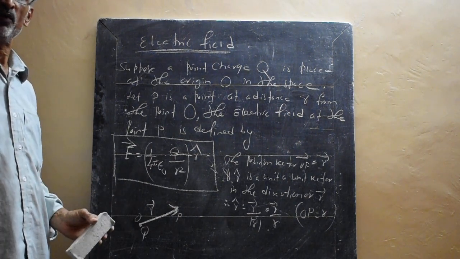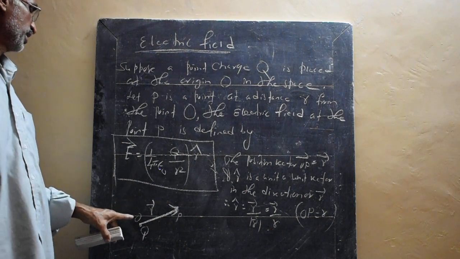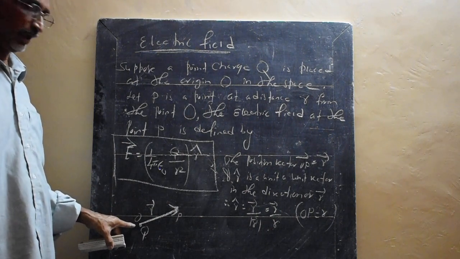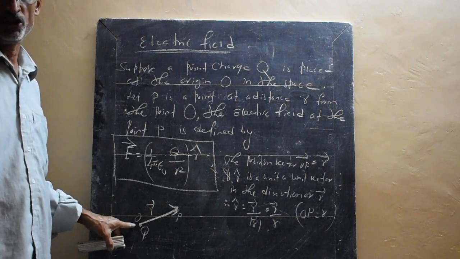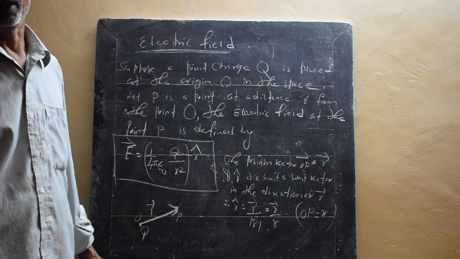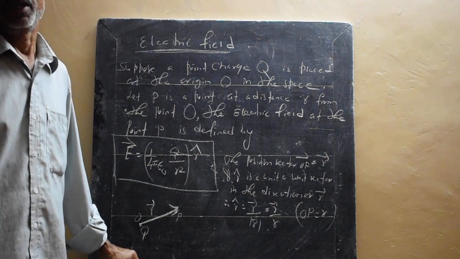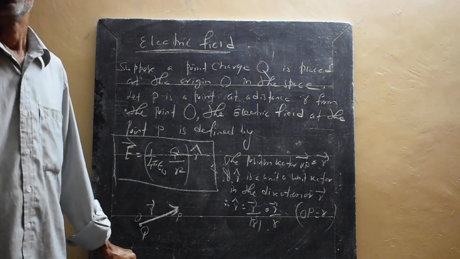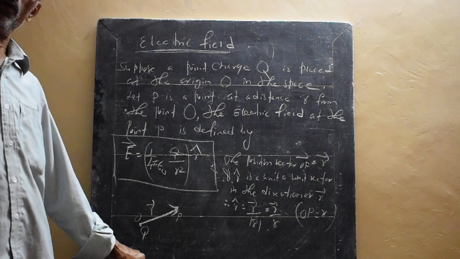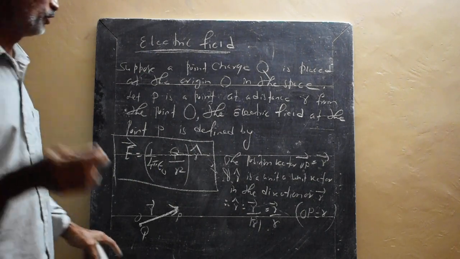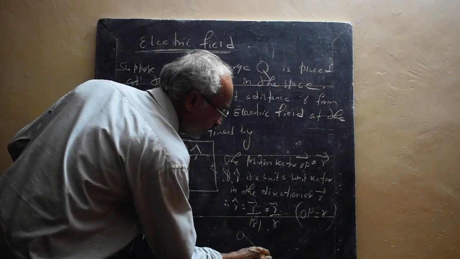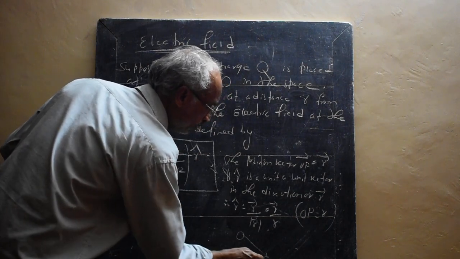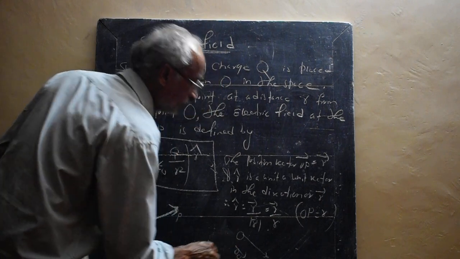Which one is called a position vector? In first year we studied that any vector whose initial point is the origin O is called a position vector. Every point can be expressed by its position vector. So point P, its position vector is OP bar. Here is the point Q, here is the origin O, then its position vector is OQ bar.